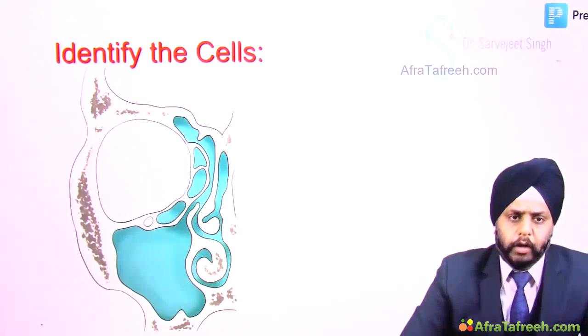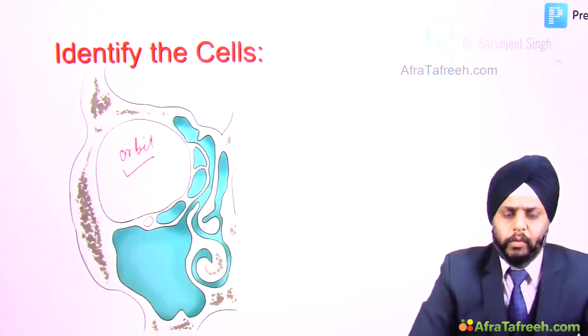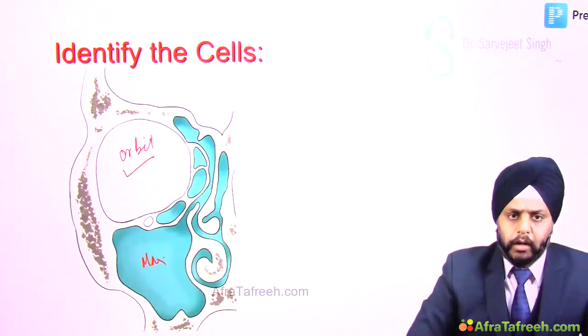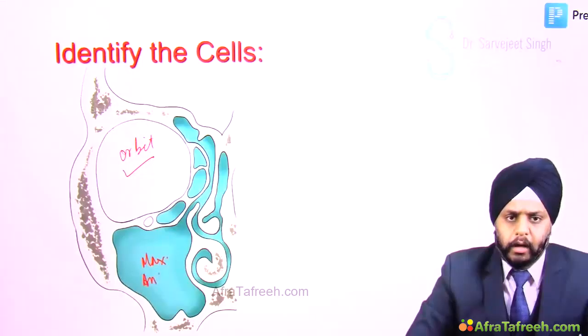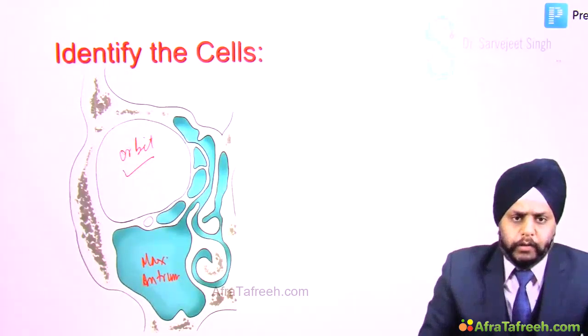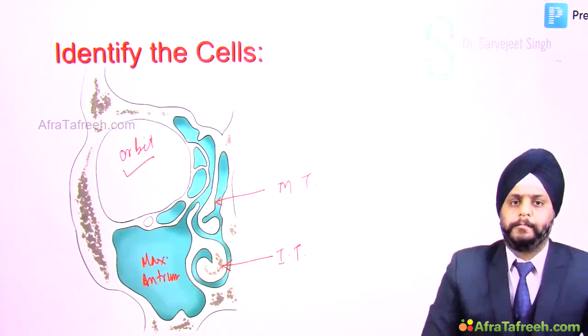Let's see what all we can identify. I hope all of you are able to identify in this diagram: this over here is the orbit, and below the orbit is the maxillary antrum. This is the inferior turbinate and this is the middle turbinate.